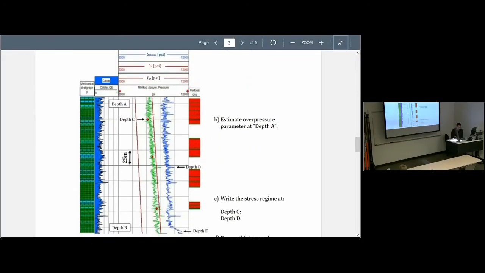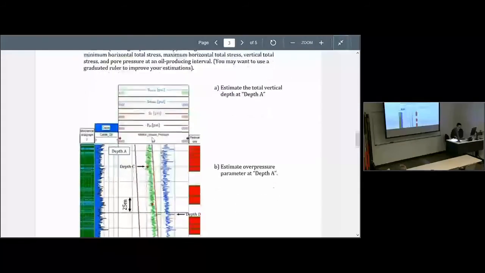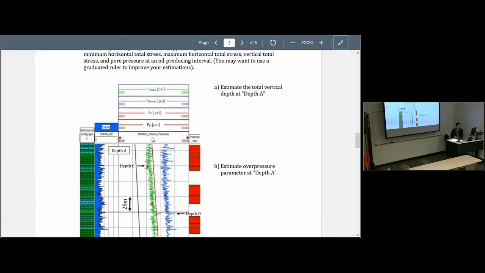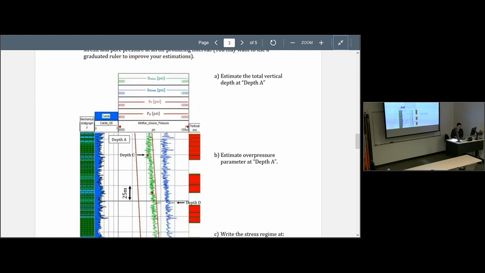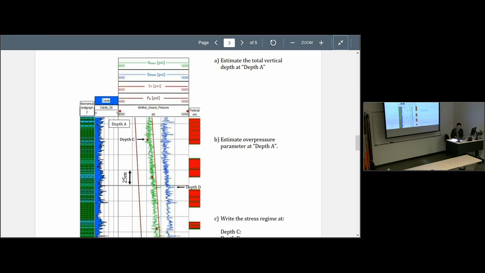This problem, I like this problem a lot because we haven't seen this yet, but conceptually you should know what this is. You have total stresses, you have pore pressure, and then looking at those values, you can tell what is the stress regime. Also, this will be an inverse problem to what you did.